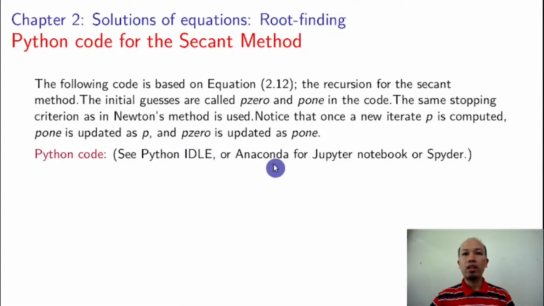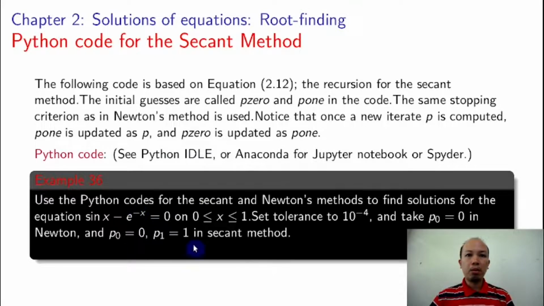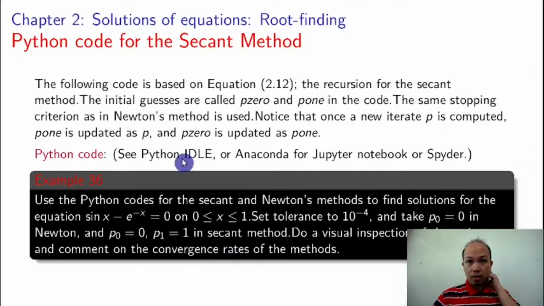So we will open, and also we will try to run this problem, example 36, and also you can do a hand calculation for example 36 if you want to verify if this method really works. Then after this we will have the problem set, but before that, let's code the Python code for the second method.